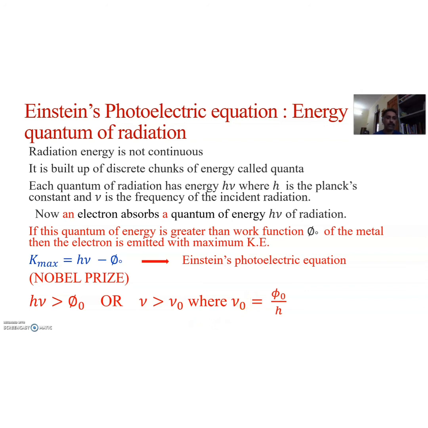Otherwise we can state it differently: h nu naught is equal to phi naught. So the work function can be defined as h into nu naught. Work function divided by the Planck's constant is the threshold frequency. So this is the famous Einstein's photoelectric equation.